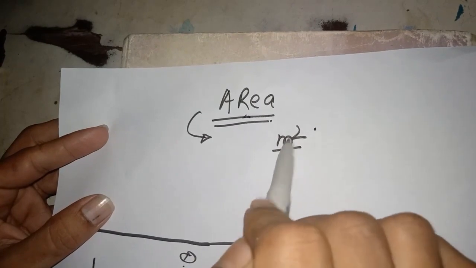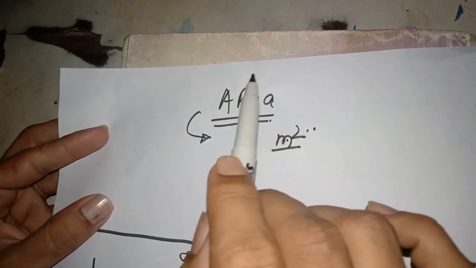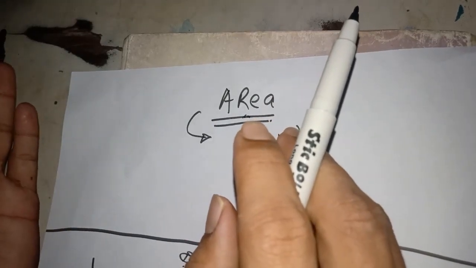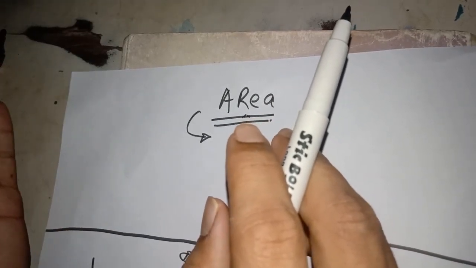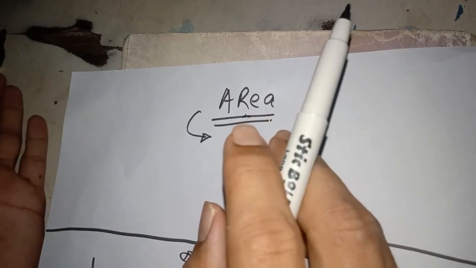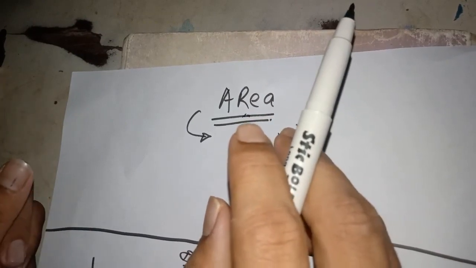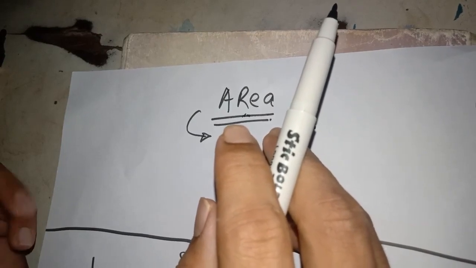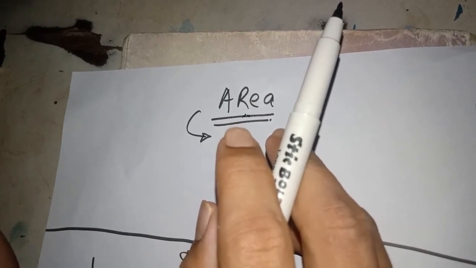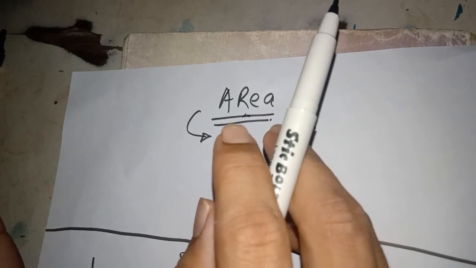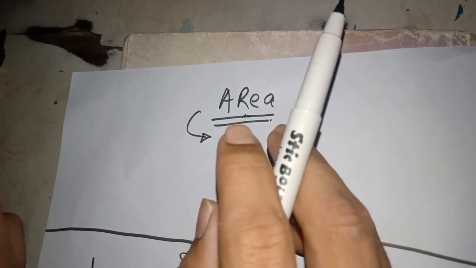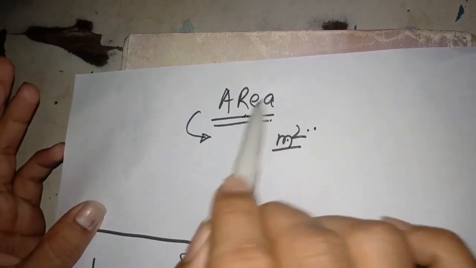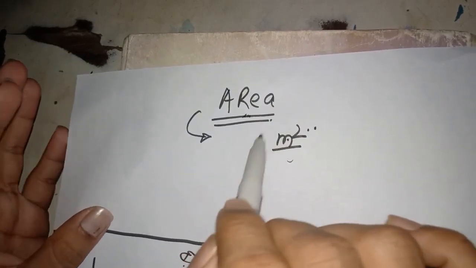You see here, area must have the unit meter square, and volume must have the unit meter cube, because volume is the multiplication of three perpendicular quantities, and area is the multiplication of two perpendicular quantities. That's why, as we measure length in meter, meter must be multiplied 3 times in volume, and 2 times in area.